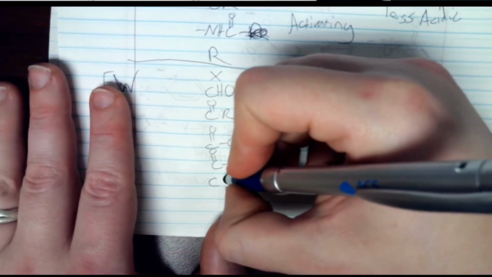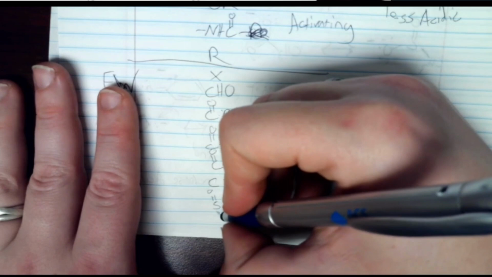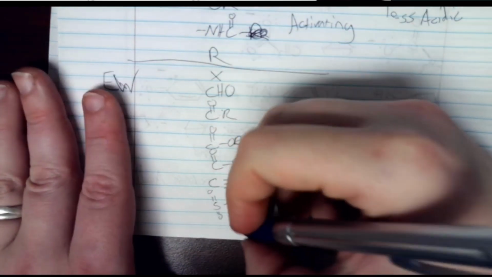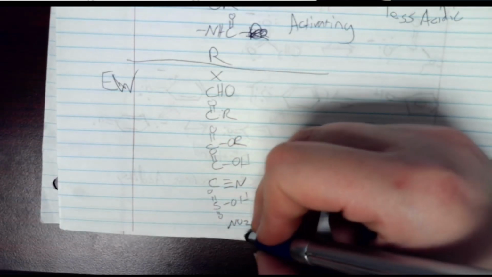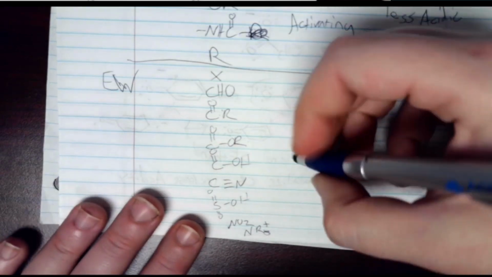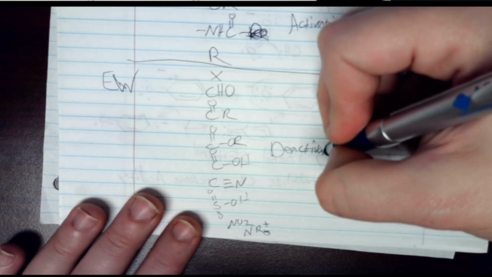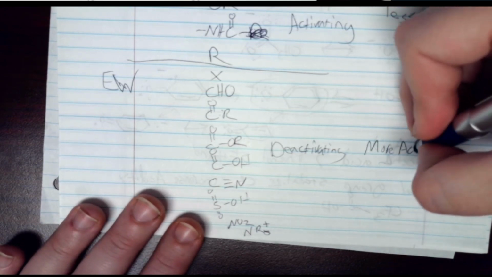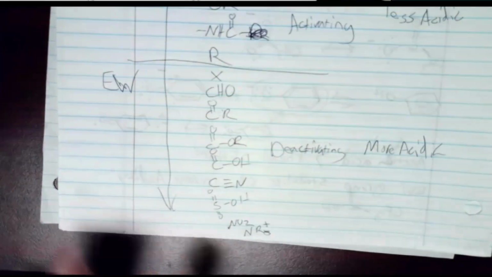We have our cyanides, we have our sulfates, and then nitros, and finally ammoniums, our NH3+. These are all deactivating, and thus make it more acidic. So acidity is increasing as we go down.